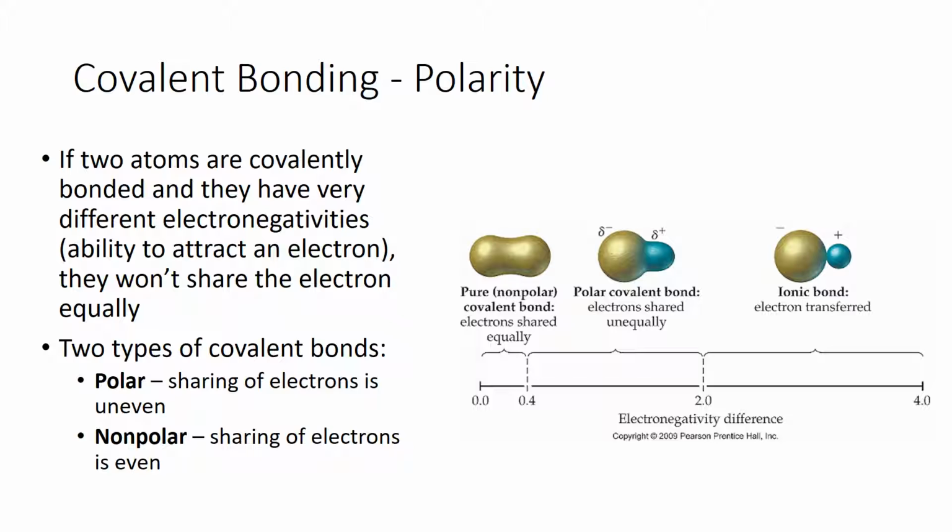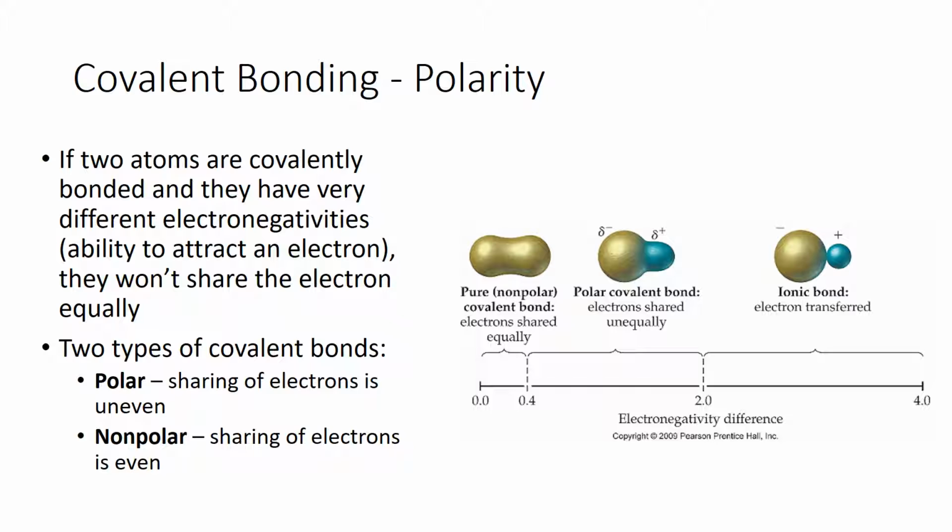It's an equal sharing of the electron, so there's no difference in charge anywhere. A polar covalent bond is where one atom is much more electronegative than the other, and it pulls more strongly on the electron and has more of it.